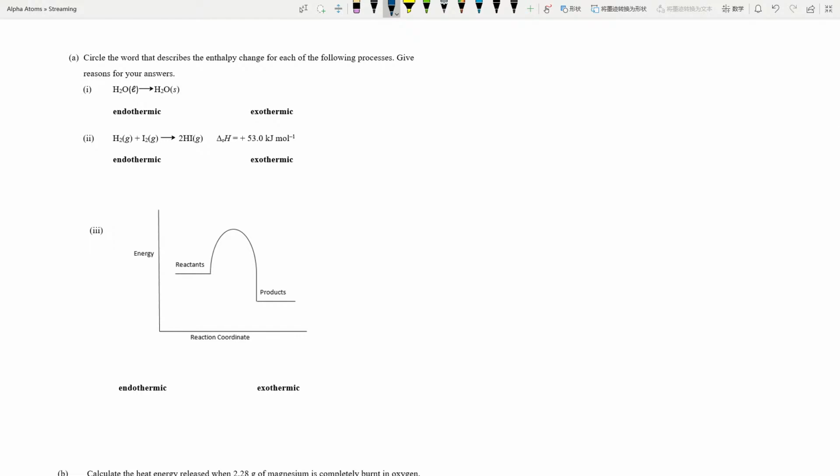So circle the word that best describes enthalpy change. We're going from liquid to solid. Just remember, liquid is like this, the particles are kind of close to each other, but in solids the particles are really close to each other. So when you're going from this arrangement to that arrangement, you are kind of making bonds. So this is bonds making.